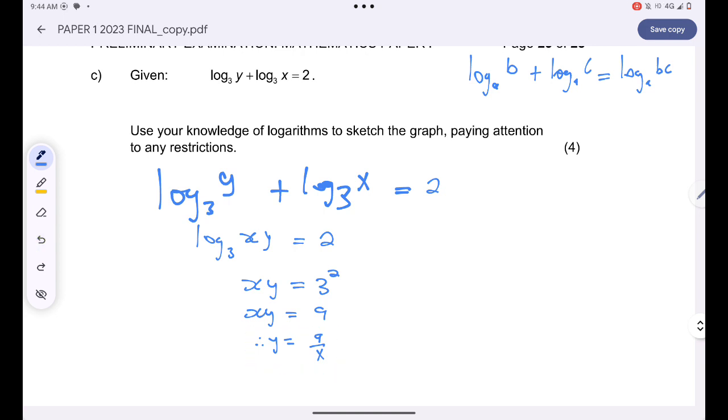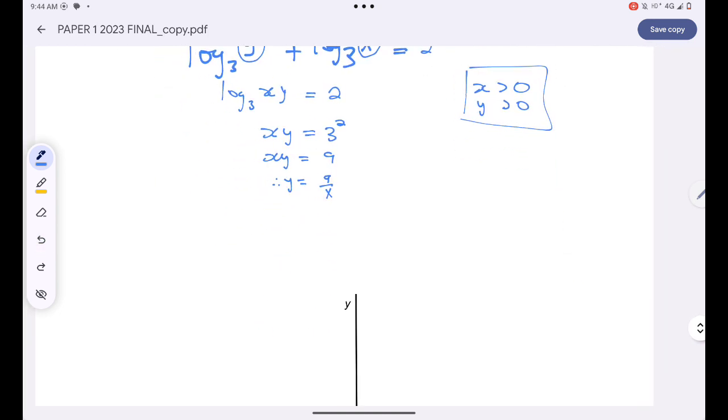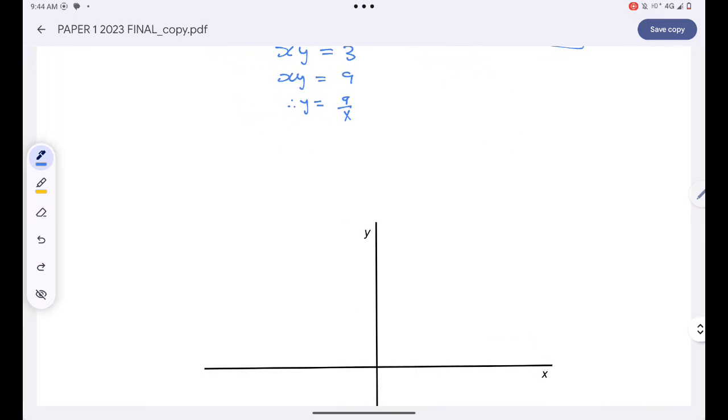Are you together? But before I draw my graph, I should apply any restrictions. For a logarithm, guys, the index of a logarithm should always be greater than 0. Are you together? So both x and y are greater than 0. These are the two restrictions. Are you together?